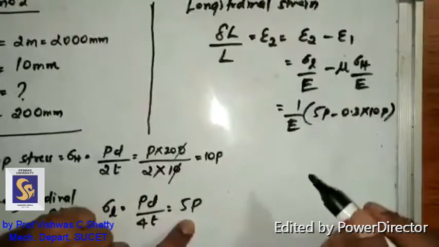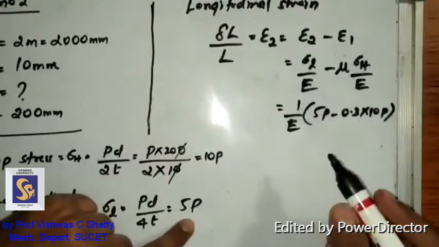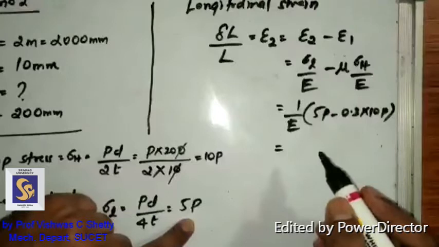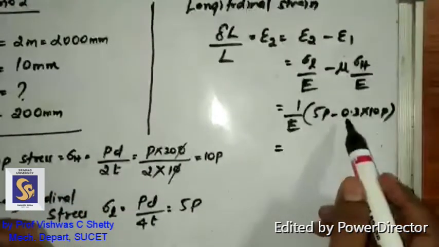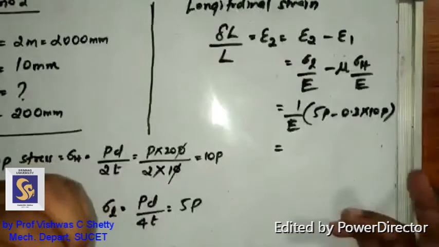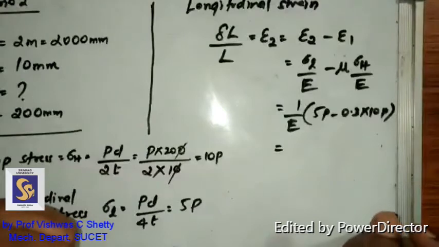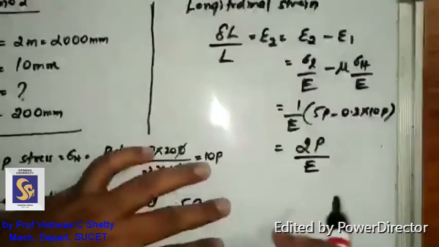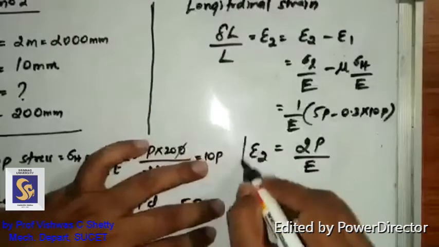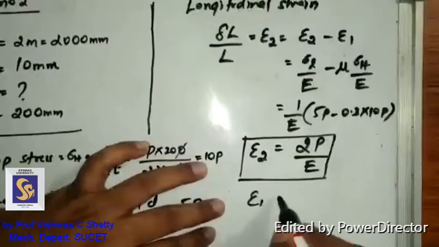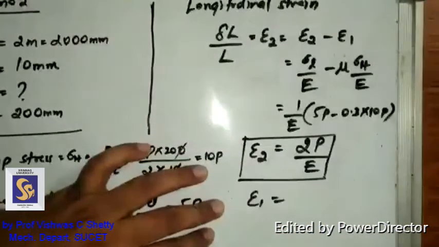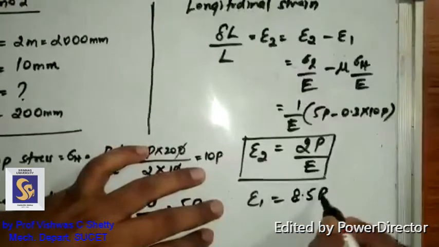So what is the value? 2p upon E. Keep that E as it is so that it will be easy for us to solve in the end. So we get the two equations: epsilon 1 is 8.5p upon E.